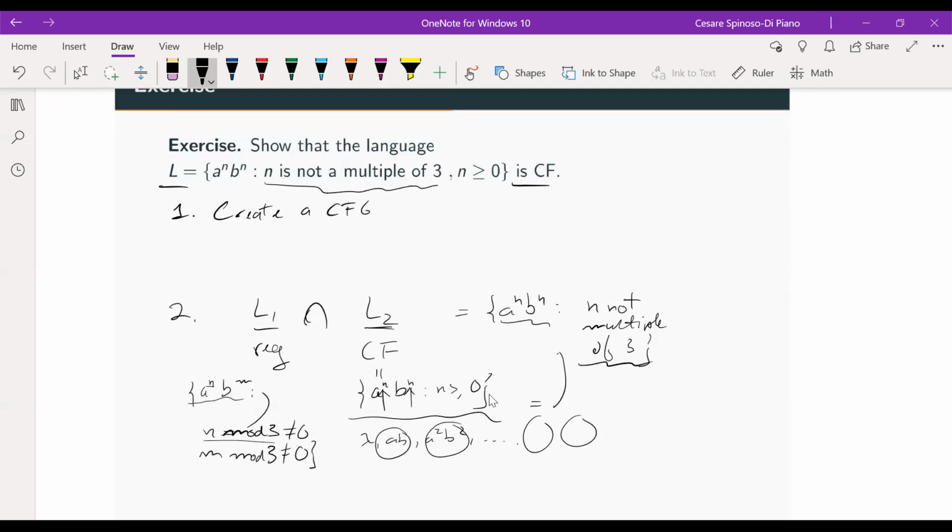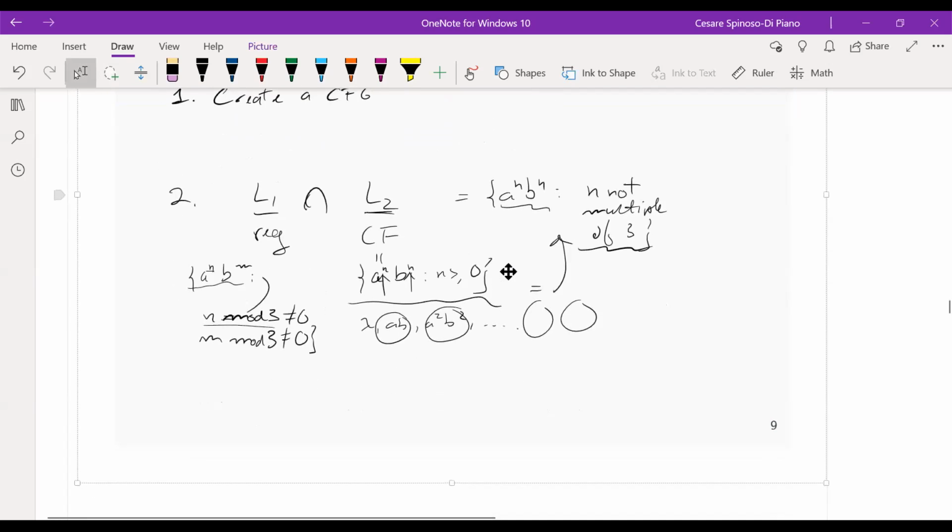This would give you this. The only thing you would have to do is show that L1 is regular. So what's a very quick way of showing that this is regular?